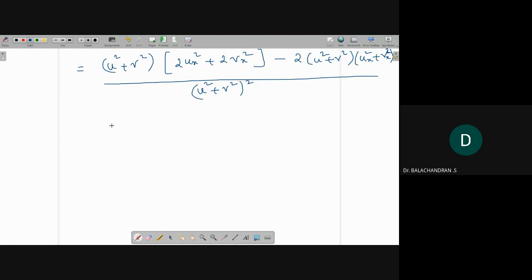So you can directly write 0, because if you take 2 common, then the final answer is del square of log mod f of z equal to 0.